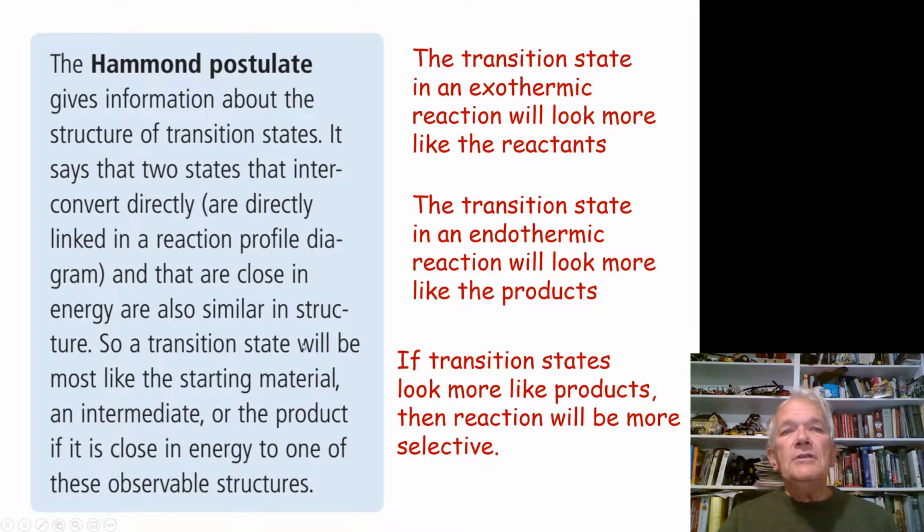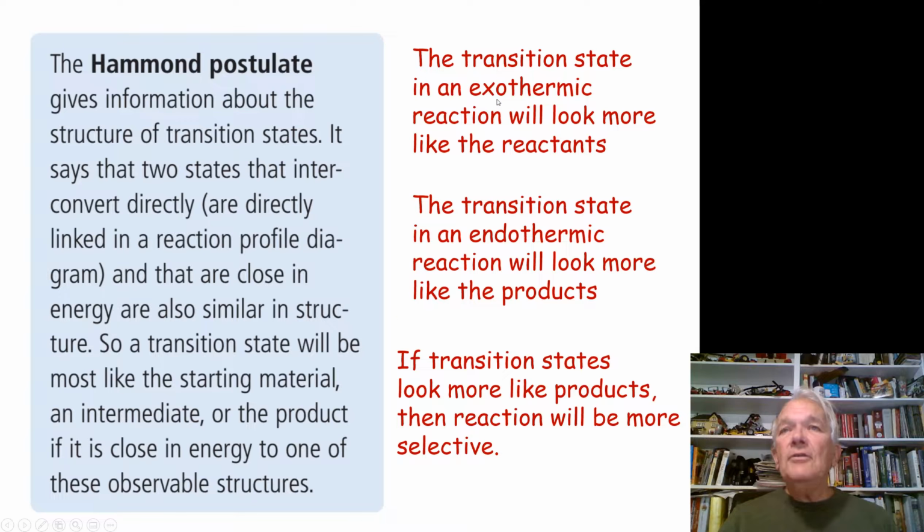So a transition state will be more like the starting material, an intermediate or the product it is close in energy to. So it simply says that energetically, the transition state is more similar in structure to either the reactant or the product, depending on whether it's endothermic or exothermic.